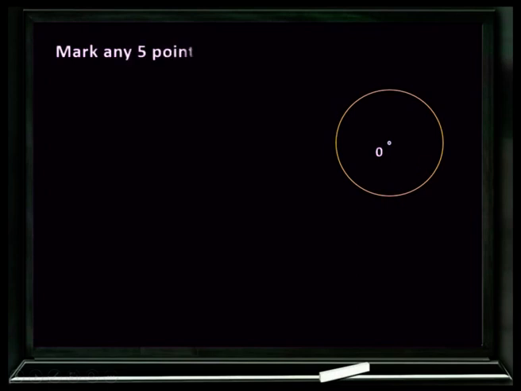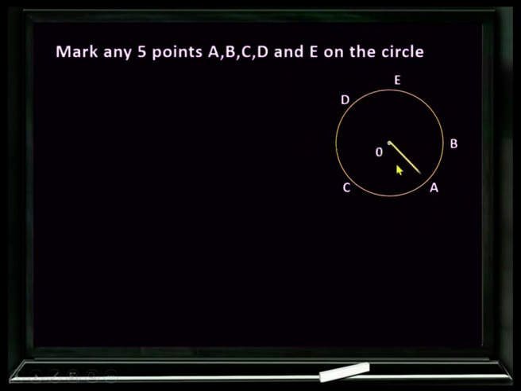Now, students, make any 5 points A, B, C, D, E on the circle. So, this is the circle, and the points are A, B, C, D, E. Join these points: OA, OB, OC, OD and OE. If you observe this, the length of every line is 5 centimeters.